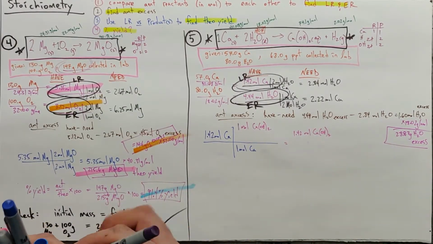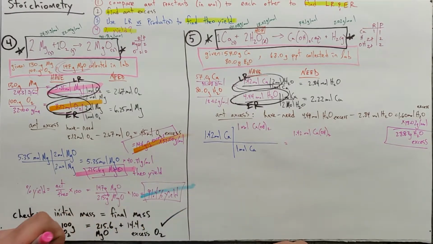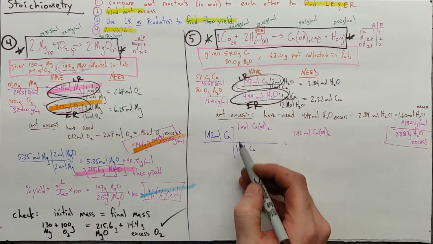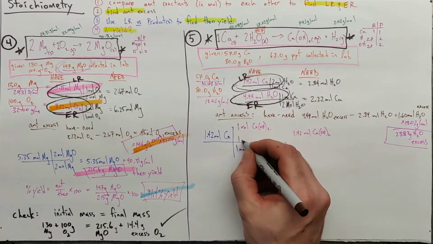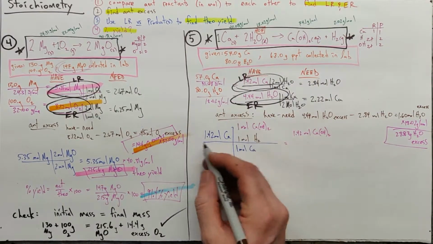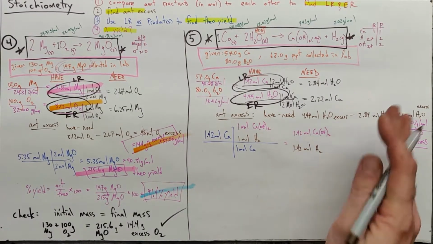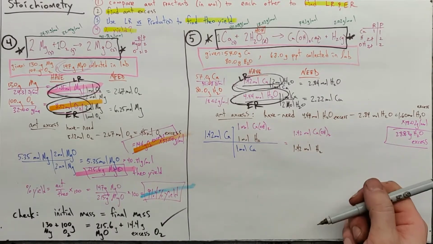And I'm going to space things out a little bit here. And then we need to find out about the hydrogen gas, and we know that for every 1 mole of calcium, there's 1 mole of hydrogen gas. And that gives us 1.42 moles of hydrogen gas. So we have moles. This is our theoretical yield right here.